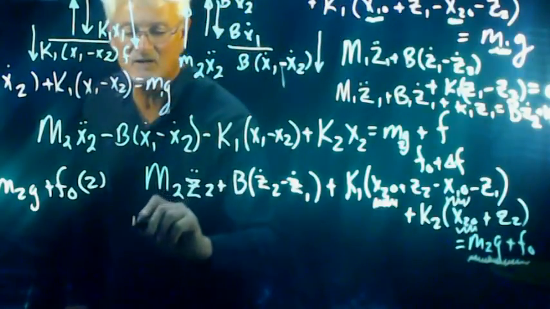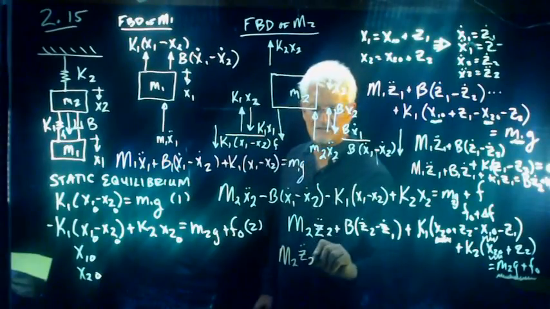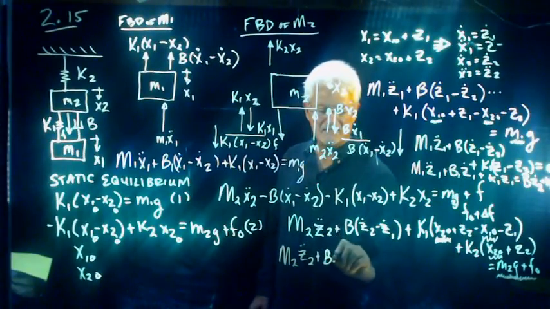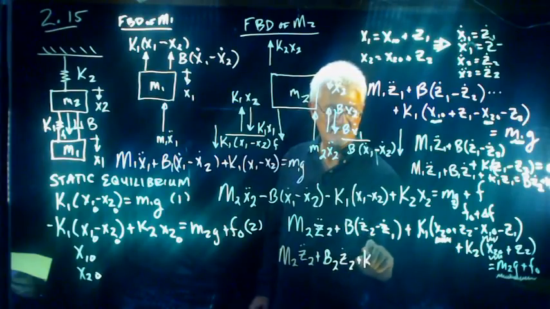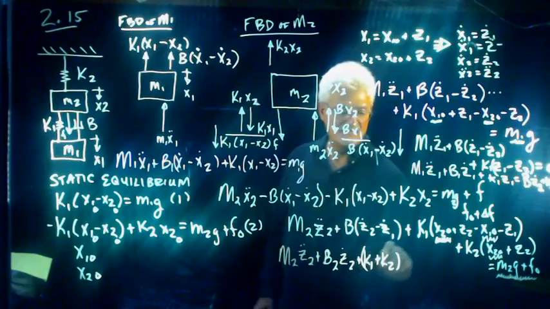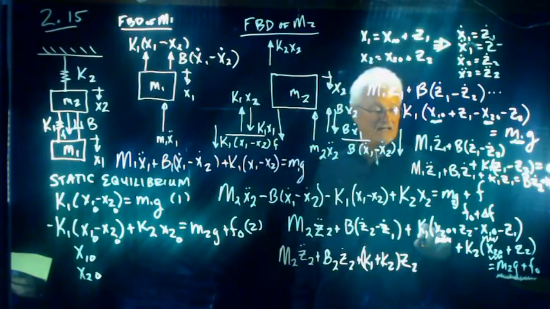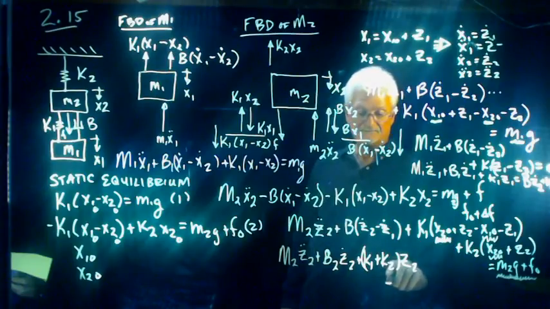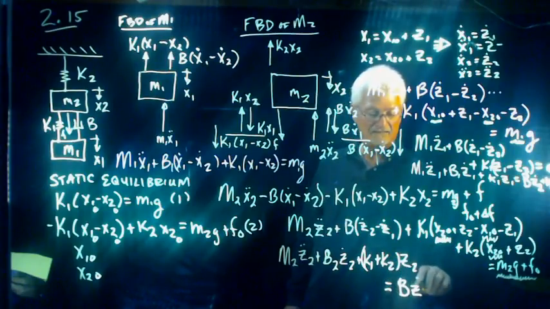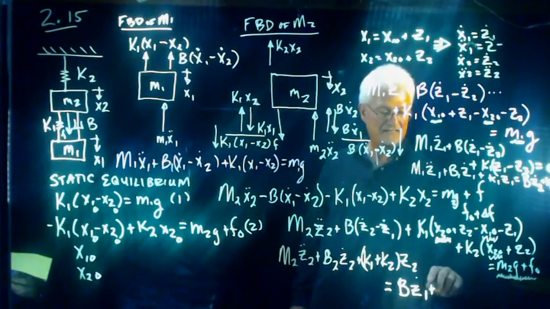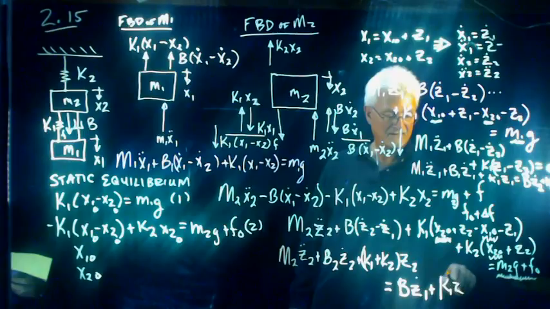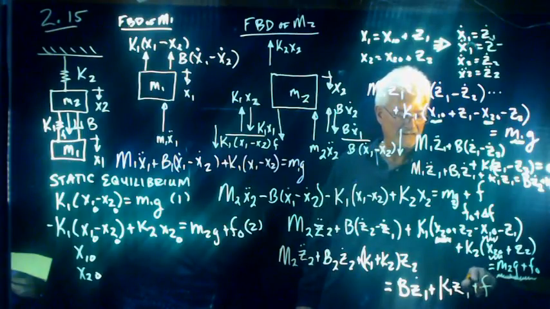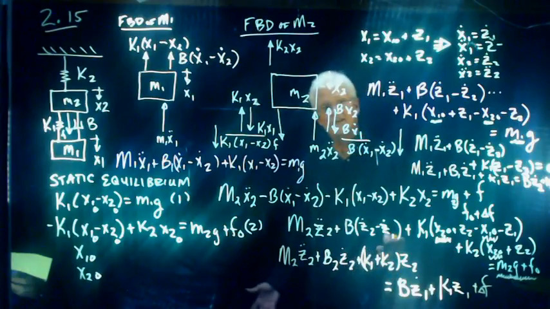So I can just rewrite this entire equation. m2 z double dot 2 plus b z dot 2 plus k1 plus k2 times z2 is equal to b z dot 1 plus, if I got all my z2s, k1 z1 plus delta f. There we go. So there's all our equations that we've got here.